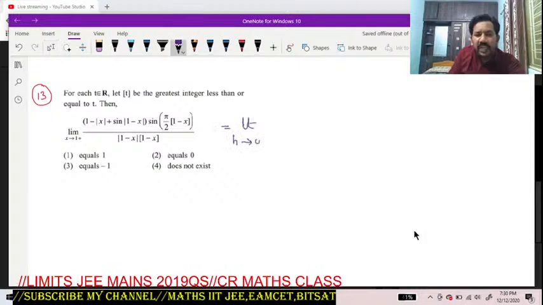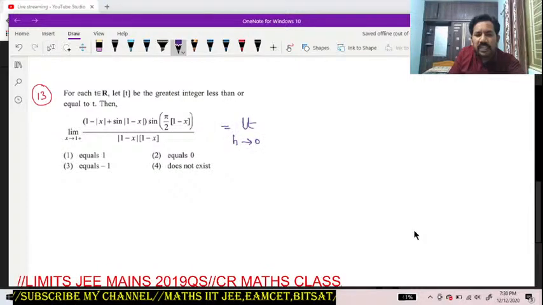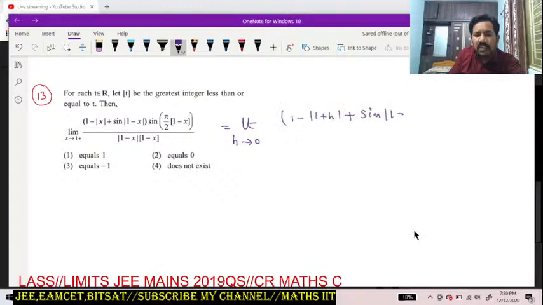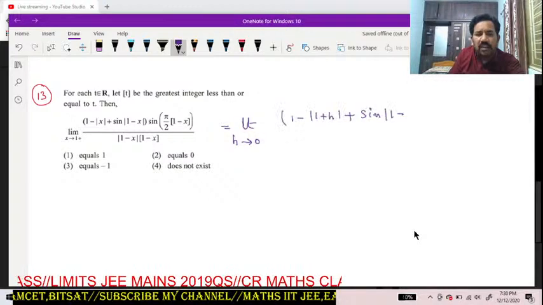That means in place of x, what do we want to write? 1 plus h. 1 minus modulus 1 plus h plus sine of, students tell me what we can write? 1 minus, instead of x, write 1 plus h.